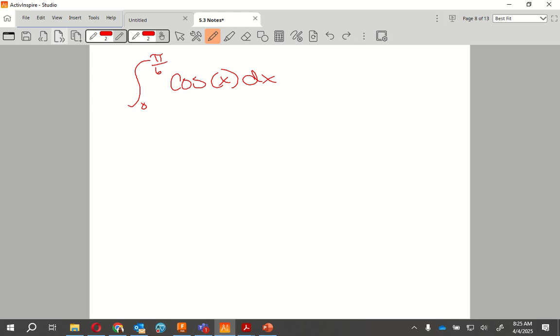So what is the integration of cosine? Positive sine, right? Okay, so I have positive sine of x from 0 to pi over 6.